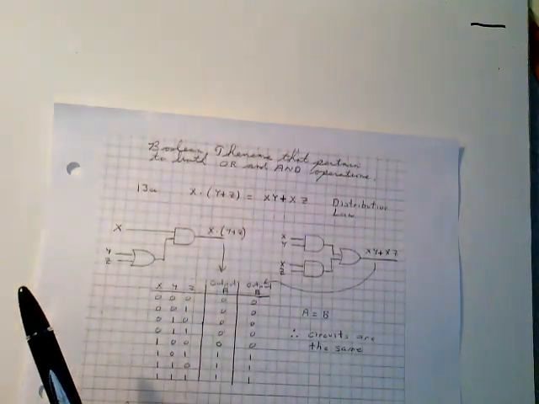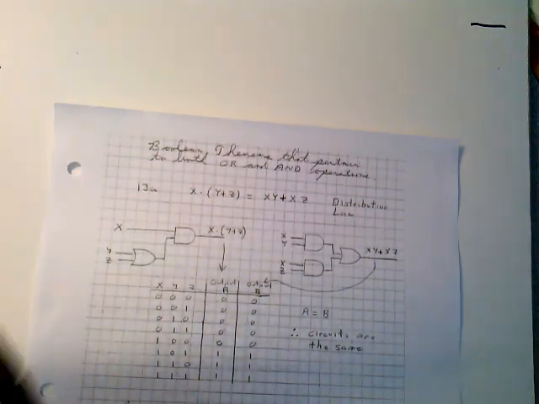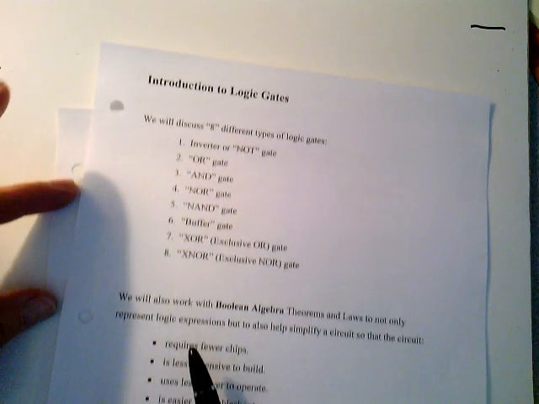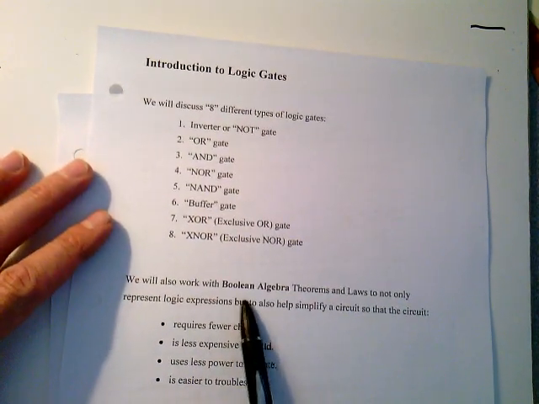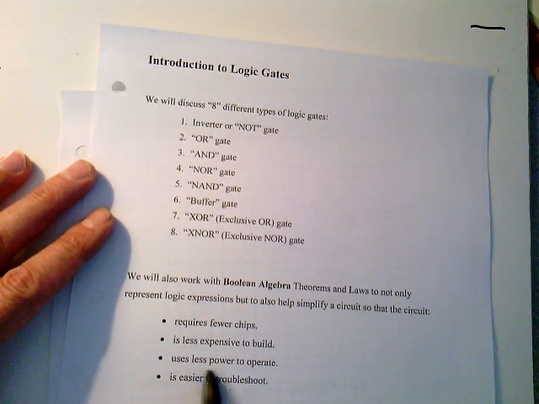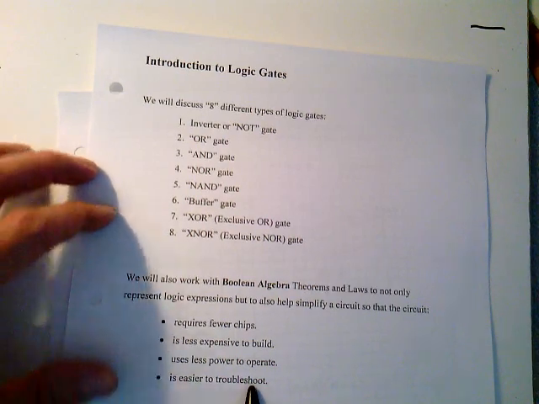Remember back when we started talking about this chapter, we said we're going to use Boolean algebra. Why? It requires fewer chips, therefore it's going to cost less to build, it'll use less power, and it's easier to troubleshoot.